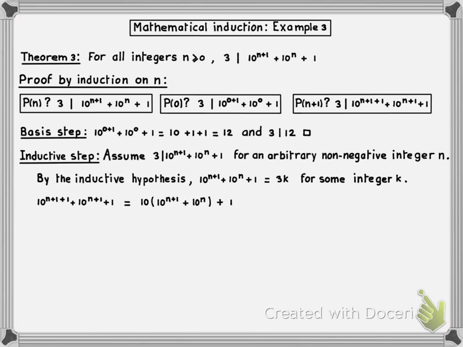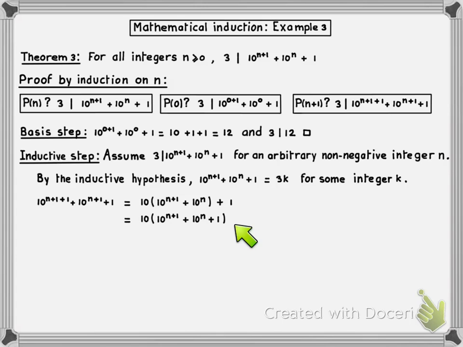Now notice all we are missing from here is the plus 1. So we're going to add a 1 here inside the parentheses. Now, of course, when we do that, we change the value of this right-hand side. In particular, we added an extra 10 times 1 is 10.